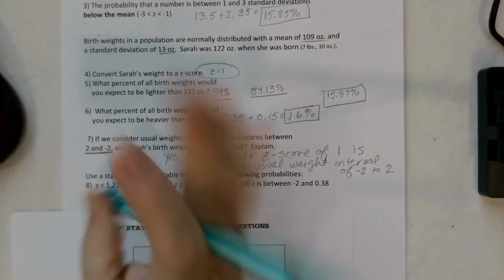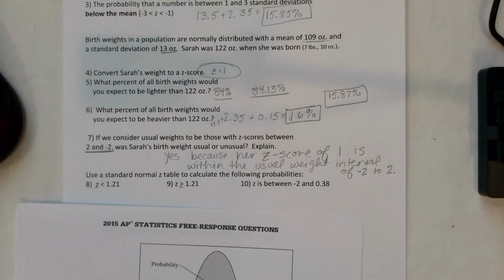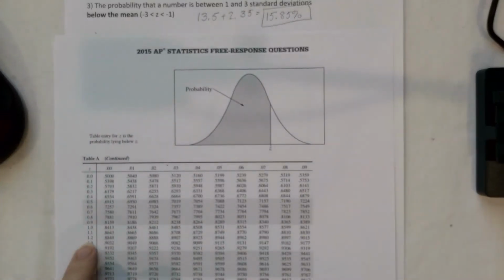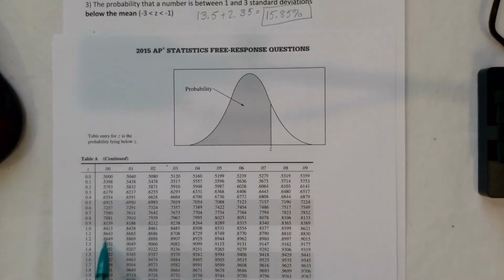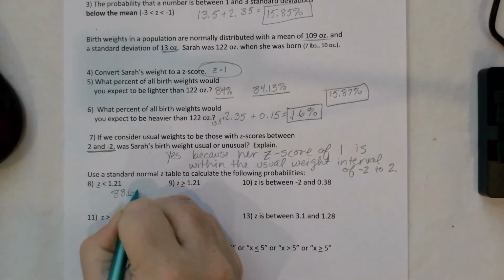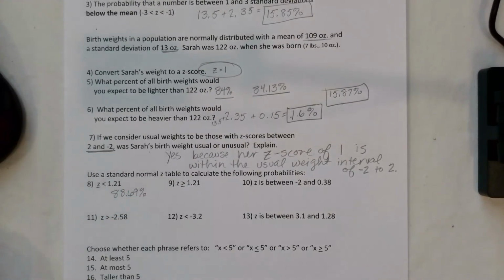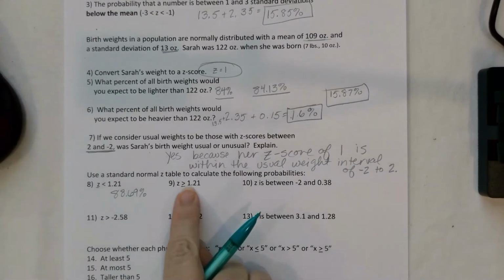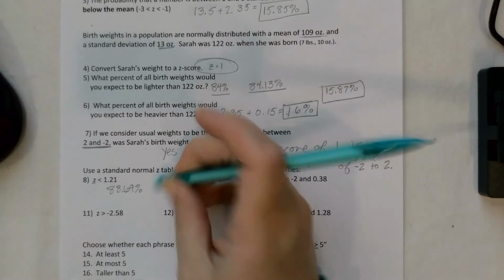So this one starts off with less than. So z is less than 1.21. So I'm going to find 1.21. That's 88.69%. That's all it's asking for. Now, z is greater than 1.21.